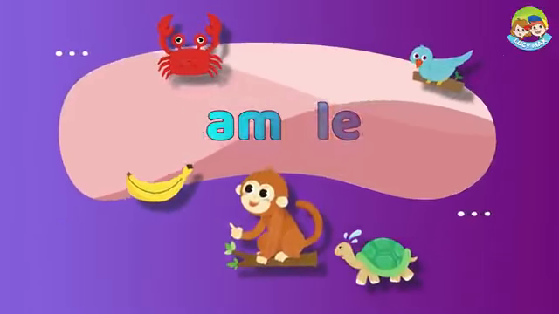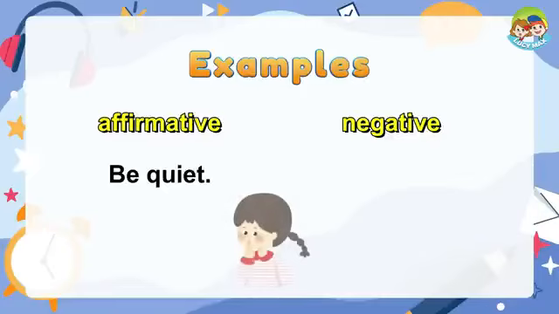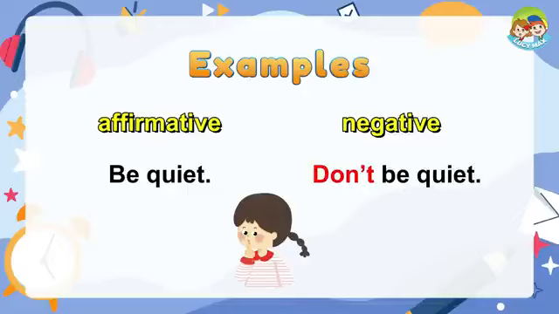Examples. Let's take a look at some examples. We're changing affirmative to negative. The first one says, be quiet. The negative is, don't be quiet.